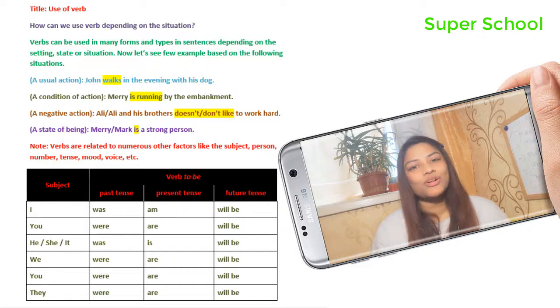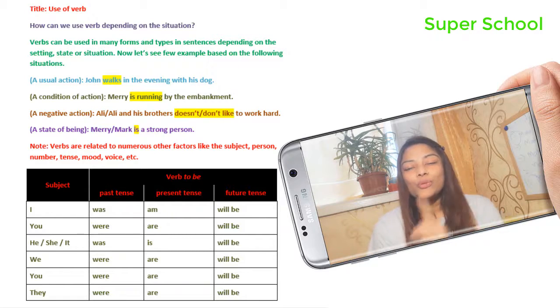So now let's move on to the third and last example, which is Mary is a strong person, or Mark is a strong person. So here is is not the auxiliary verb, but it is the main verb in the sentence, and also this verb is expressing a state of being. That means Mary's state of being or Mark's state of being, right?